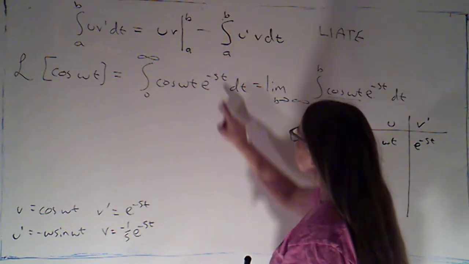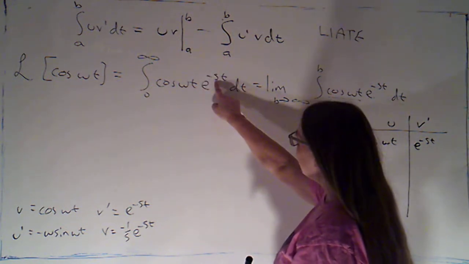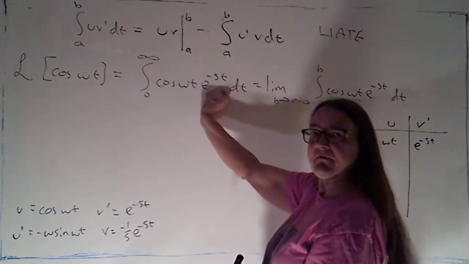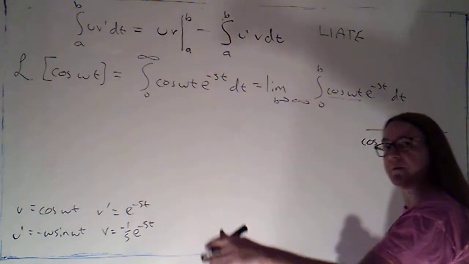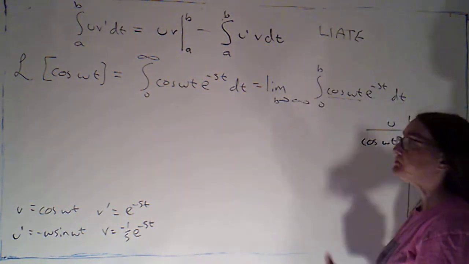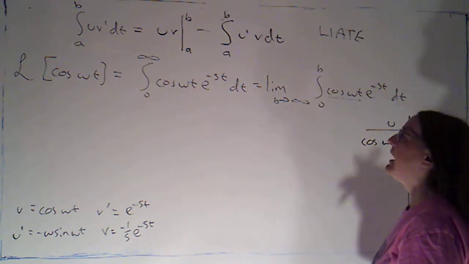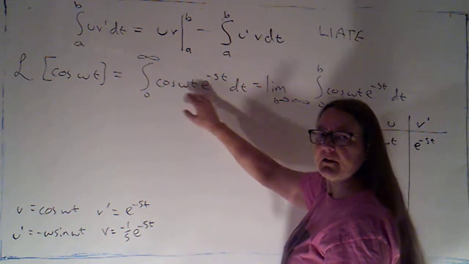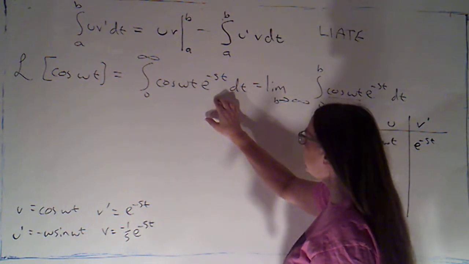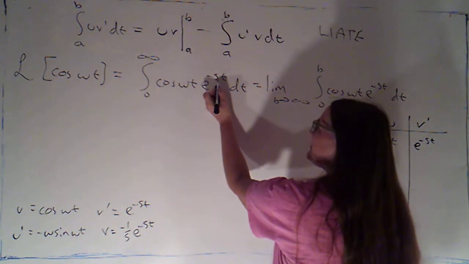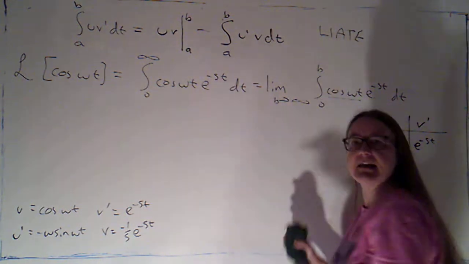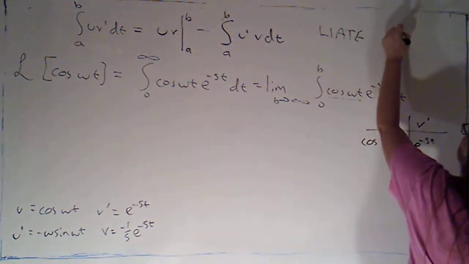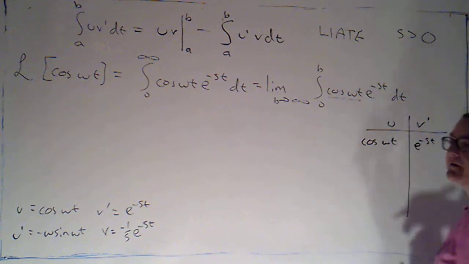And I can also see if s were negative, then this would be a positive exponential function that would be going off to infinity, and this integral would then diverge as well. In order to have this converge, I need s to be positive, so this is e to a negative power. So I'm going to need s to be bigger than 0.